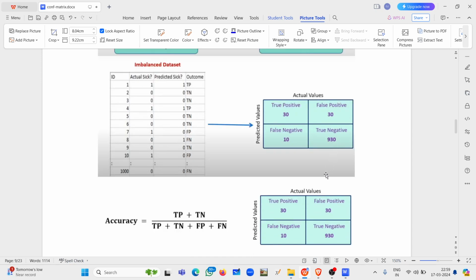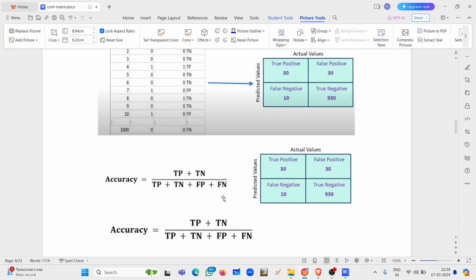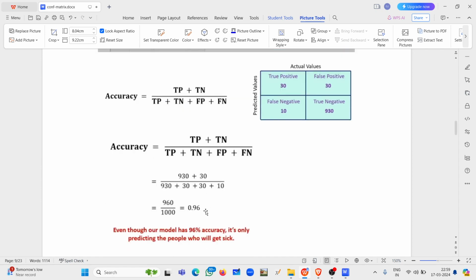Now how do we calculate the accuracy of this? For accuracy, it is true positive plus true negative. Where are they? Here on the diagonal you can see the true positive and true negative. So 30 plus 930, 960. What is the total? The total is 1000. So true positive plus true negative divided by the total, 960 divided by 1000, that comes to 96%.